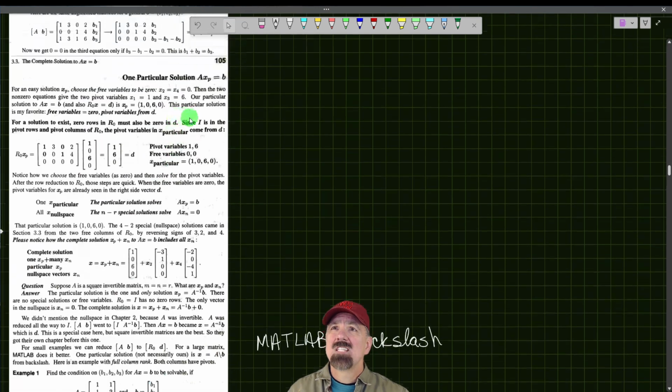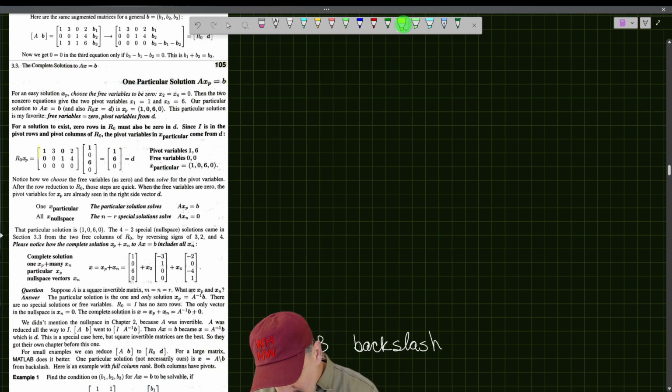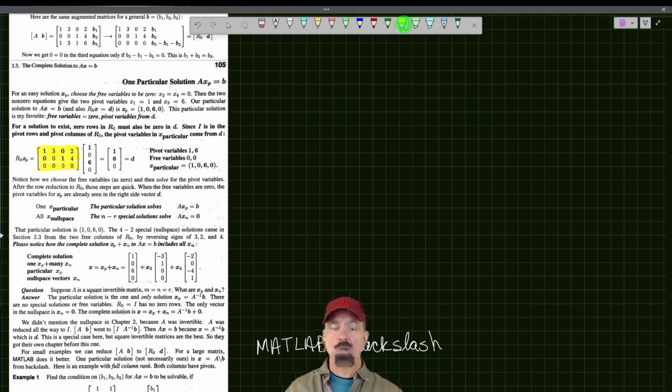So the rest of this is largely about solving for the particular solution. What we see is similar to what we talked about last time, where we have the RREF, and that's what this thing here is. We know how to find null space. What we're looking for is, how do we set this up so that it's equal to a right-hand side?